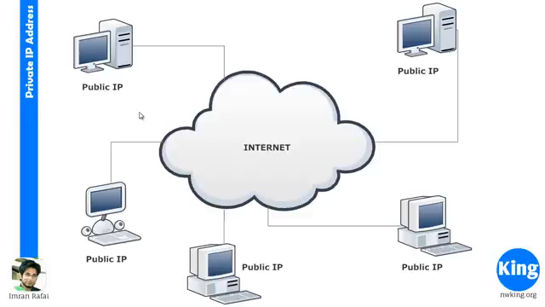So maybe they did not anticipate the internet to grow as it did in the last couple of decades, and very soon they realized they would run out of IP version 4, and that is when IP version 6 was designed. And also concepts like NAT, which we will learn later, which is nothing but network address translation, and private IP came about.